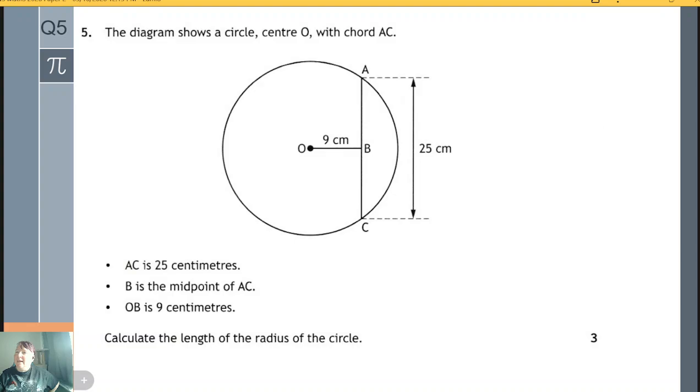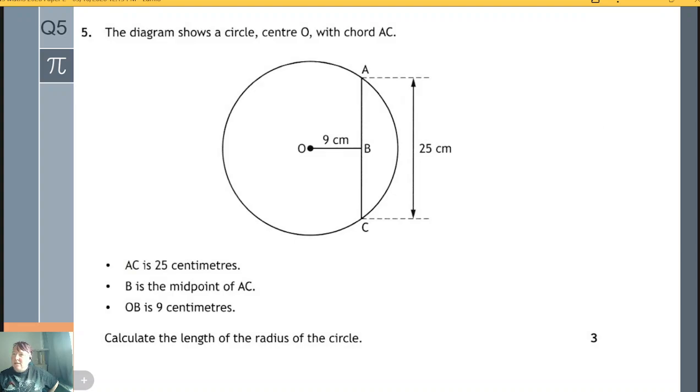Okay. I suspect we've got a triangle question here. The diagram shows a circle, centre O, a chord AC, which is 25. We've got a radius that we don't know because OB doesn't reach the edge.